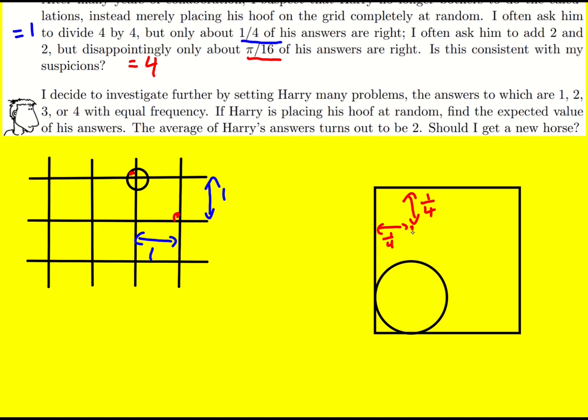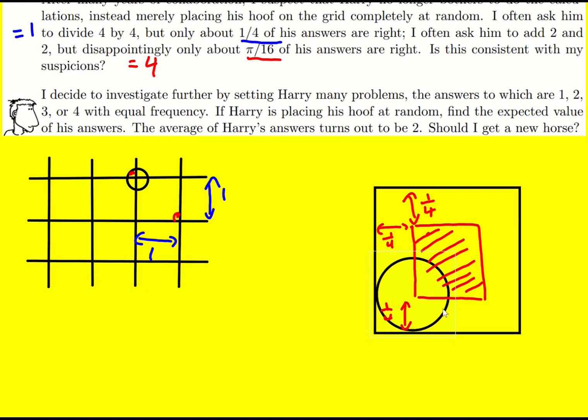This is going to create a square actually, because this length is also a quarter. And as we move it around, we get this shape. So if the center is anywhere within this red square, then Harry's going to give an answer of 1.